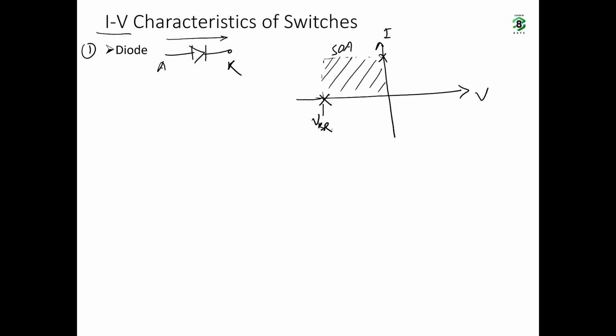If we apply a voltage more than this, then the diode will break down and get damaged. Similarly, if we apply a current more than this current value, then also it will get damaged due to heating. So this is our safe operating area.